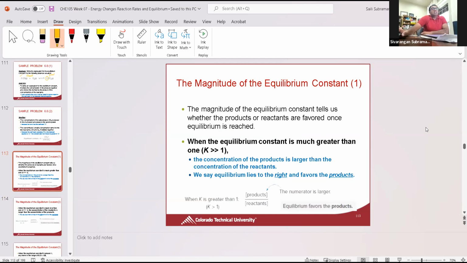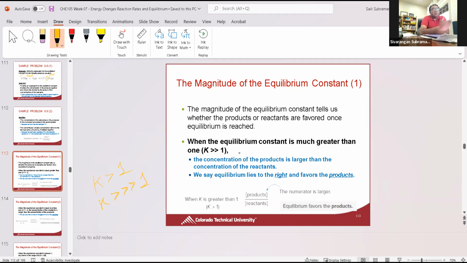Why is this equilibrium constant important? When the equilibrium constant is a value that is much, much greater than 1, and we'll look at some examples, this is just called K greater than 1. But when you want to say that this is much, much greater than 1, you emphasize it by using this much-greater-than symbol.